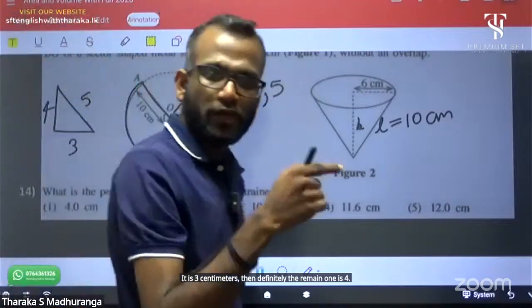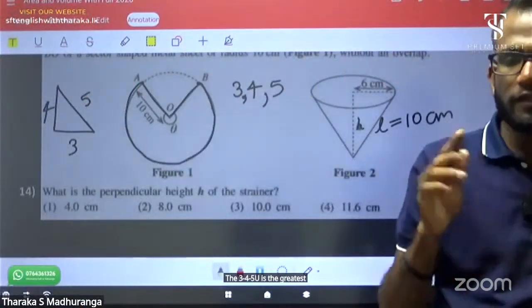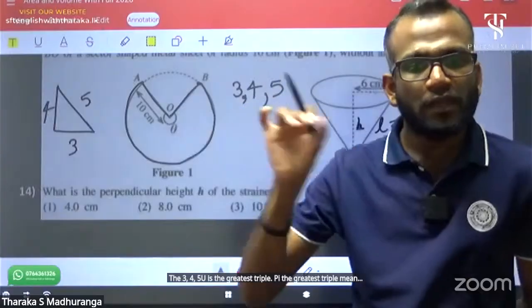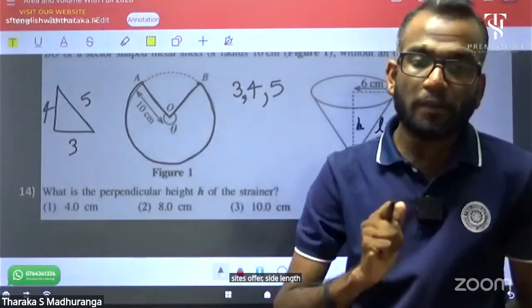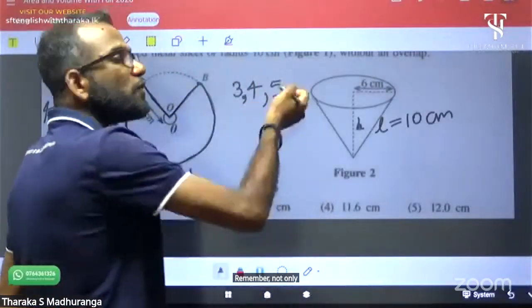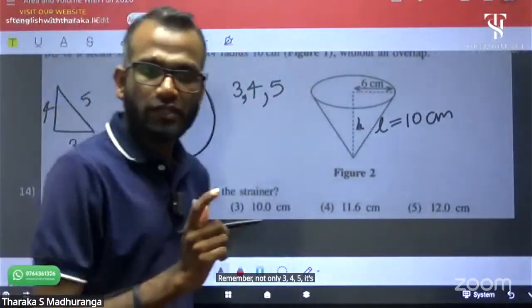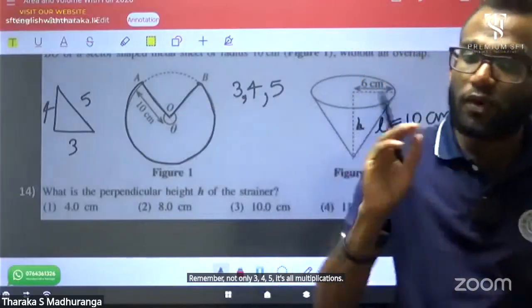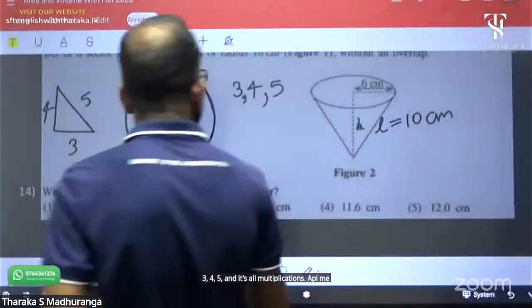A Pythagoras triple means the side lengths of a right angle triangle. Not only 3, 4, 5, it's all its multiples.